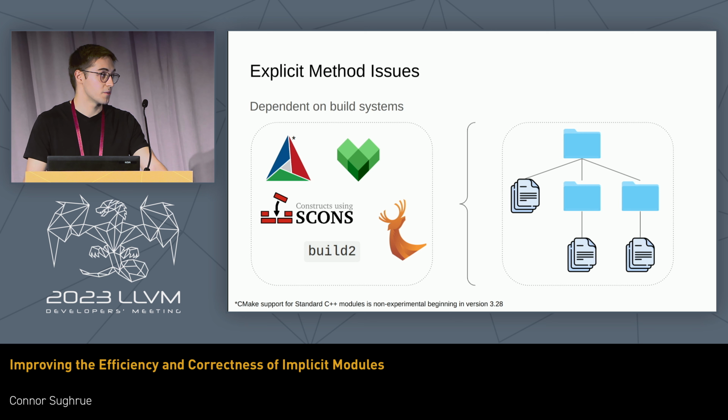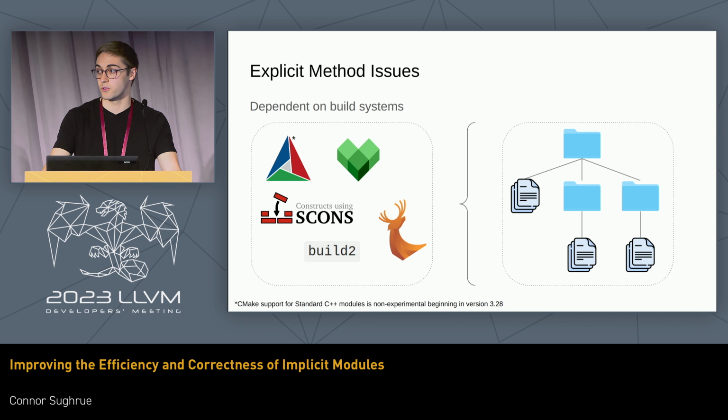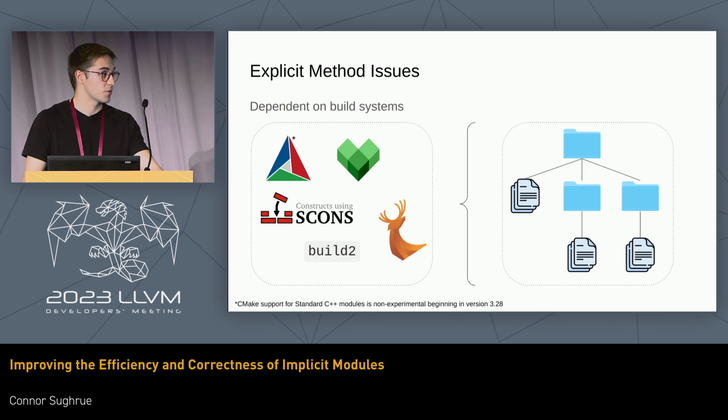Also, it just raises the barrier of entry for anyone that wants to use modules explicitly. For instance, every time someone wants to take advantage of this functionality, they have to integrate with a build system or somehow provide the dependency information for the entire project ahead of time.